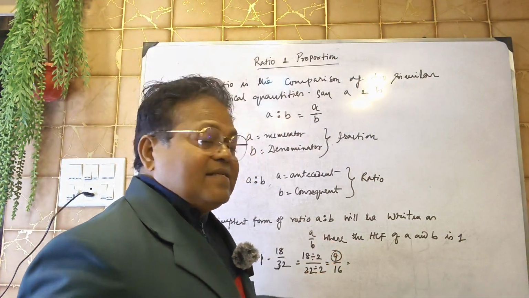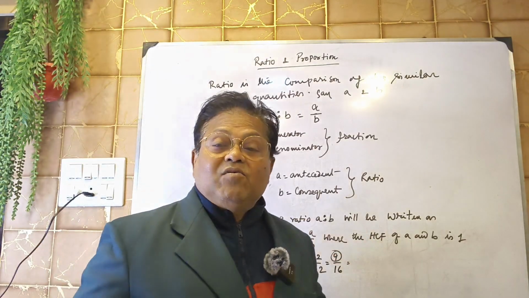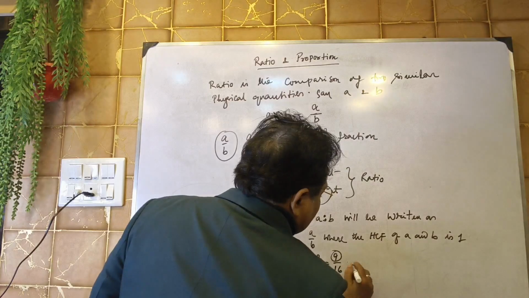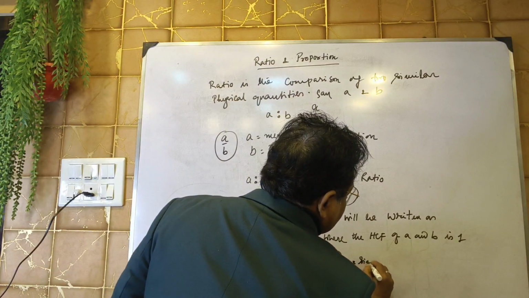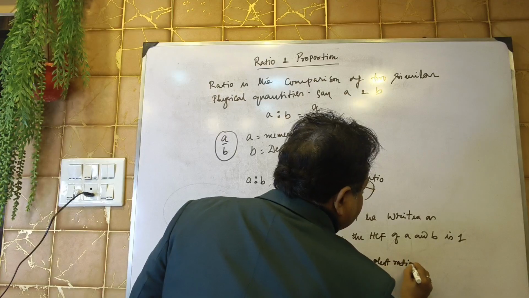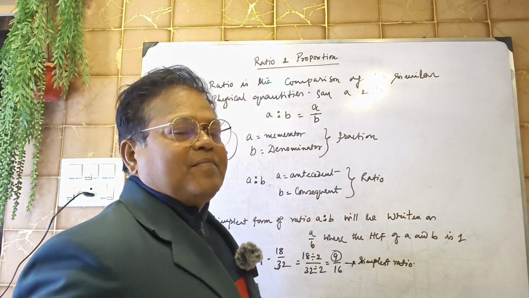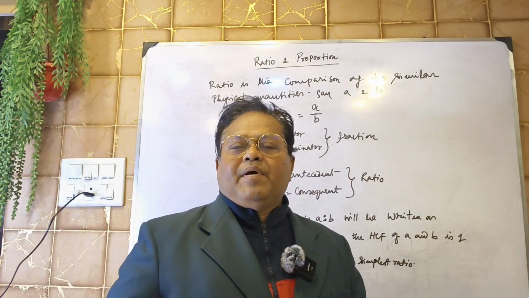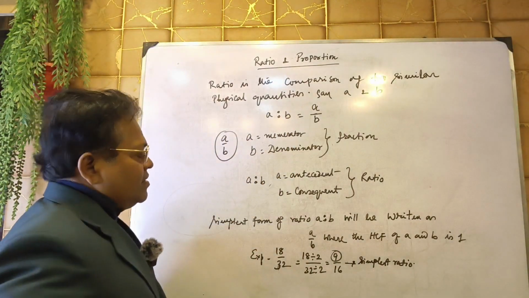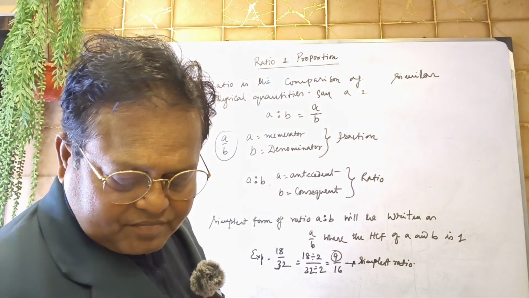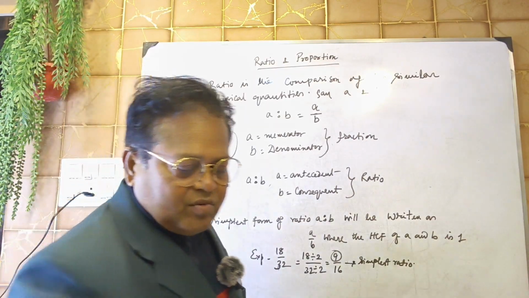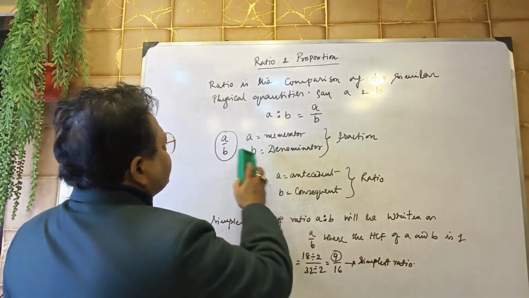So 9 and 16 have no common factor, they are co-prime numbers. So 9 by 16 is the simplest ratio. It cannot be divided by the same number any further, so it is called the simplest ratio.